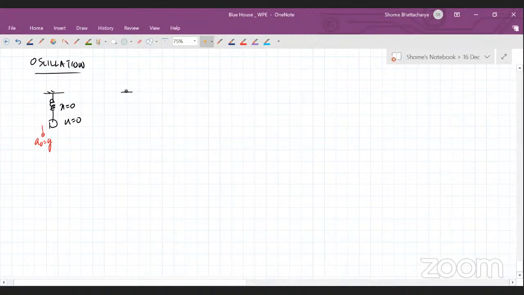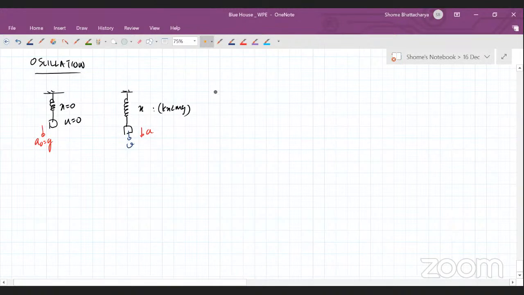From here, it's going to this in-between position where x is such that kx is less than mg. So it has a downward acceleration. And by now it's developed some downward speed also, v.